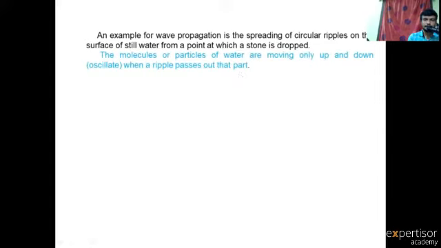The molecules or particles of water move only up and down when a ripple passes that part.